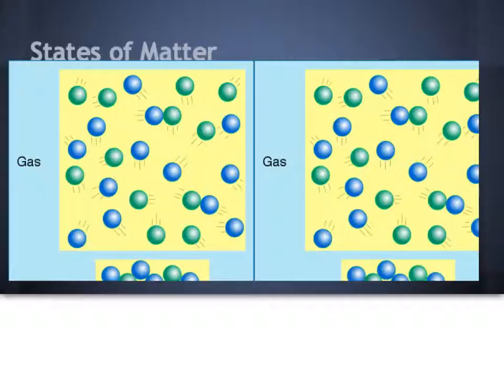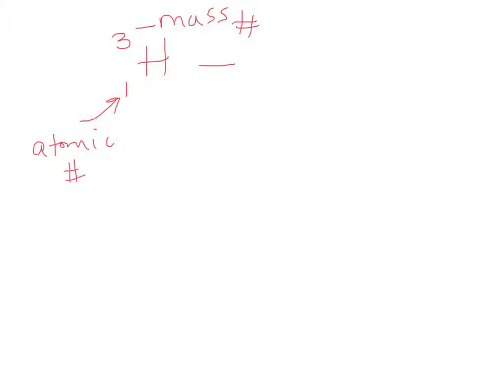Another way is I can take hydrogen 3. The superscript is the mass number. The subscript is the atomic number. So that's going to wind up being 3 minus 1, which is 2 neutrons.